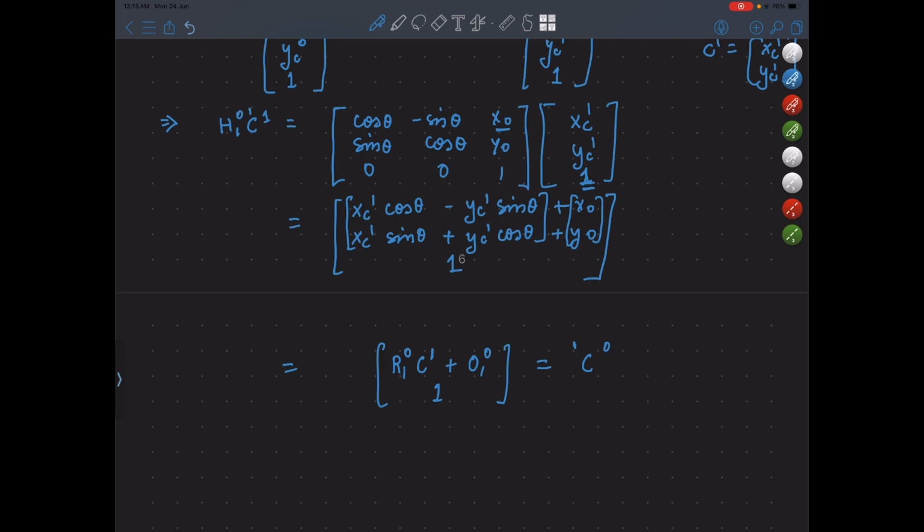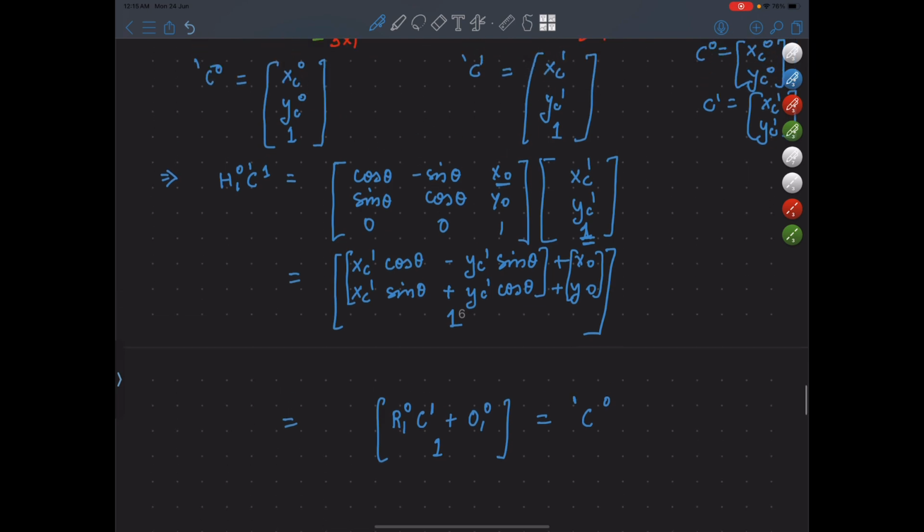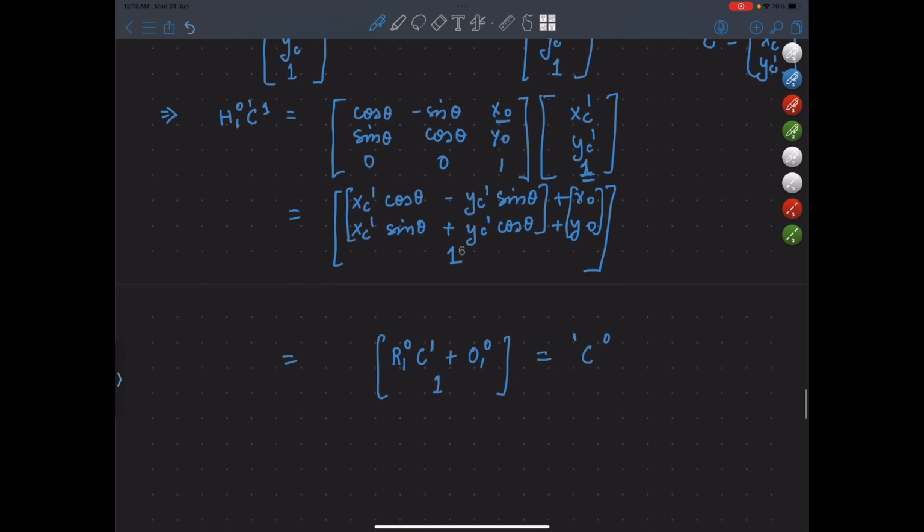So actually that expression is true. The expression H10 into C1 prime equals C naught prime is true, right?